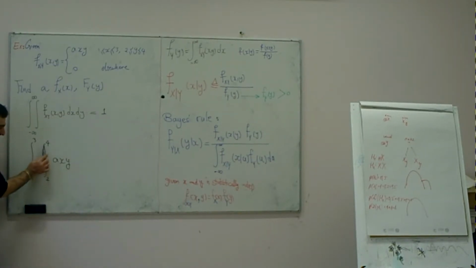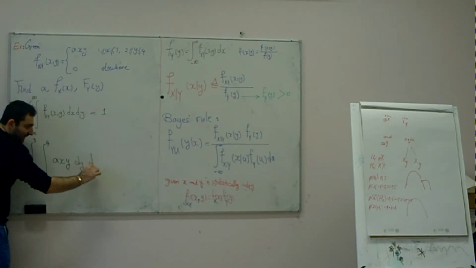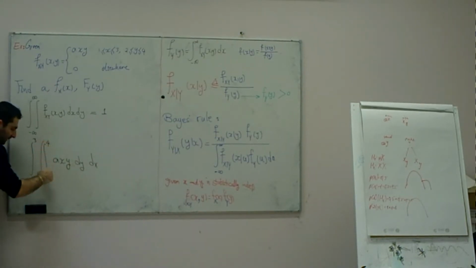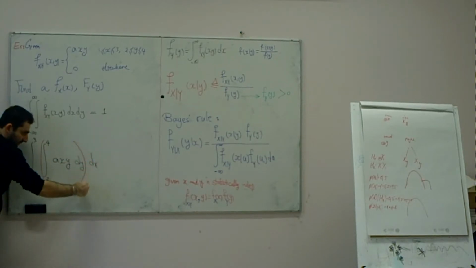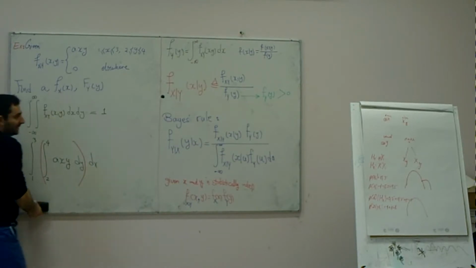No, because the first integral that I see is y, so it will be dy dx. This is something that you have to recall from the double integral. This is dy. If you change, you put the x values on one and the y values on the other, then it will be dx dy.